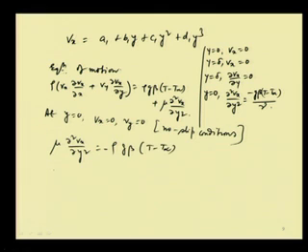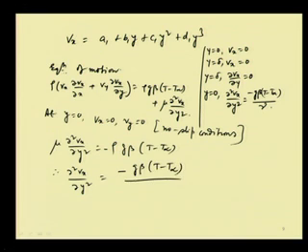Then del square Vx by del y square is equal to minus g beta (T minus T infinity) by nu, since mu by rho is nu. So this is the condition obtained from the equation of motion for the x direction.